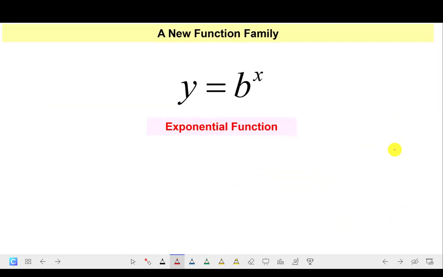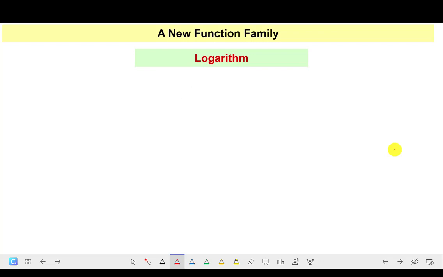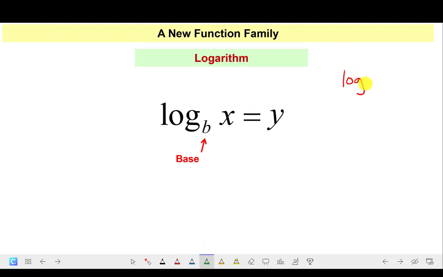Okay. So like I said, this is an exponential function. And the new family of function that relates to that is called a logarithm. Okay, a logarithm. And that's what this logarithmic function looks like. That is a logarithm. So this b down here is a base. Now on your calculator, and I don't want to go too far into this now, you'll see a log button, and this is presuming that this is a base 10.